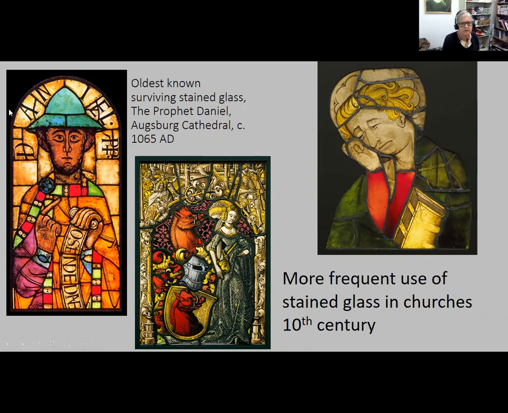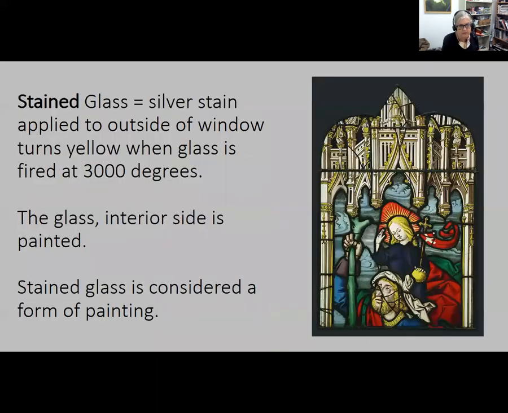So in the 10th century, people started more frequently using stained glass in churches. Probably I should say the 11th century, around the Gothic period, where there was more frequent use of those Gothic arches, and that allowed for that stained glass.